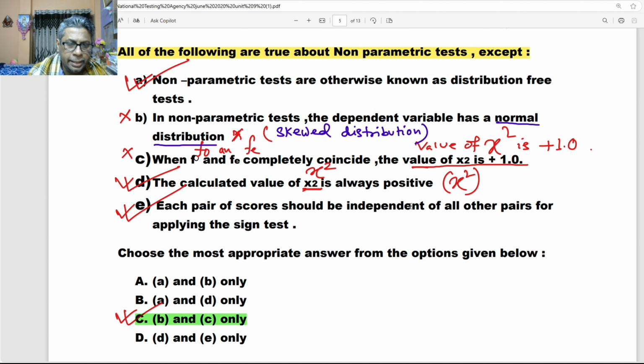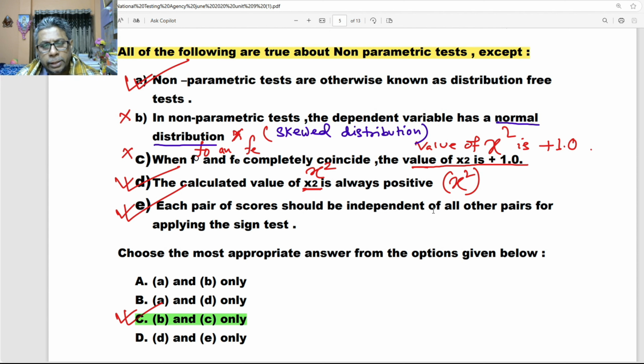The question is, all of the following are true about non-parametric statistics except B and C. These two statements are not true in the case of non-parametric statistics.